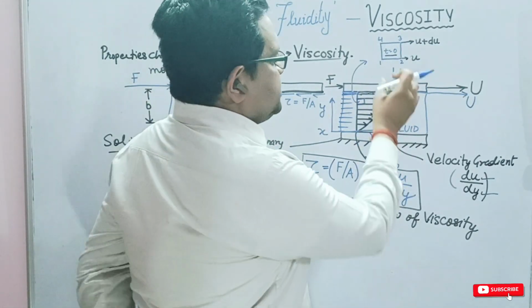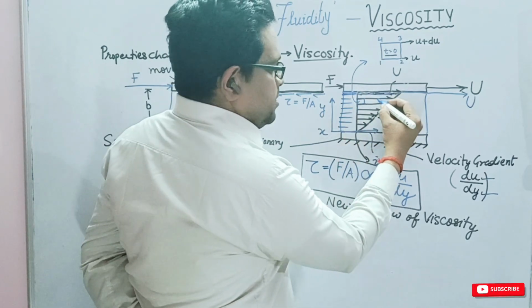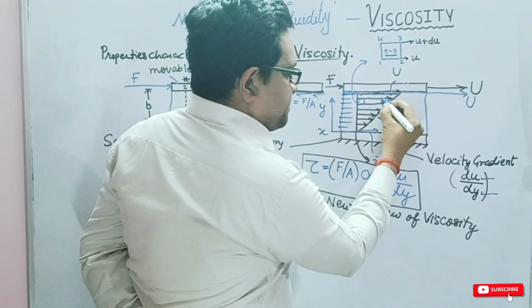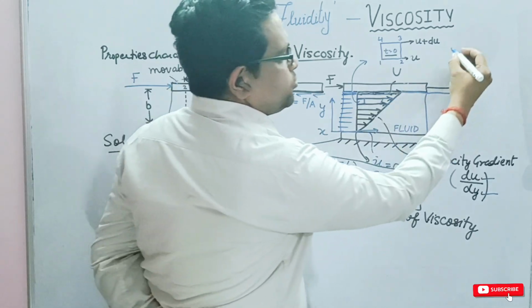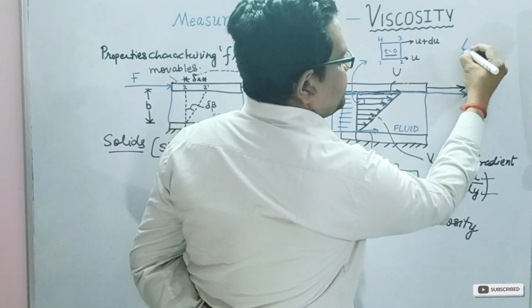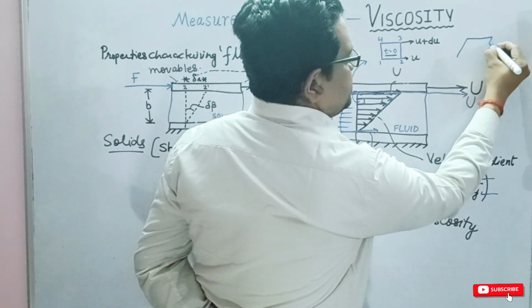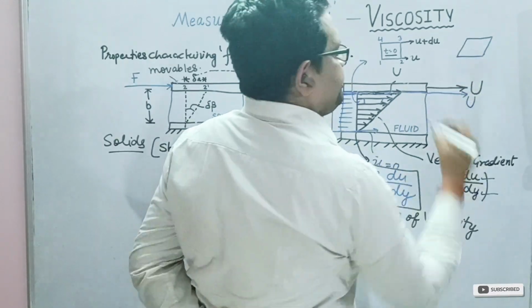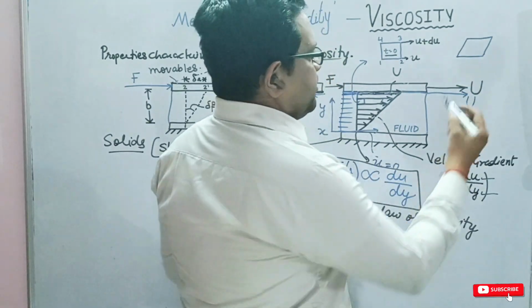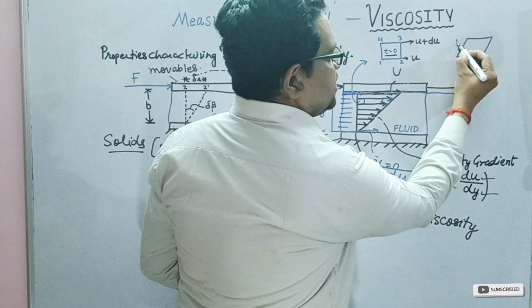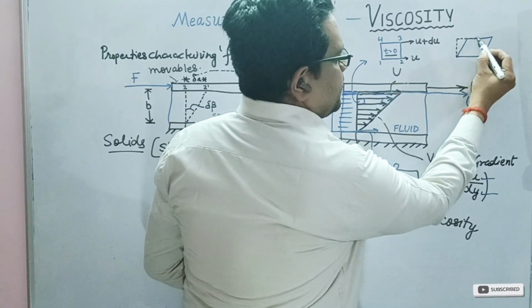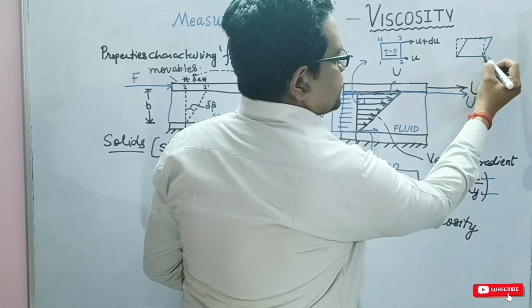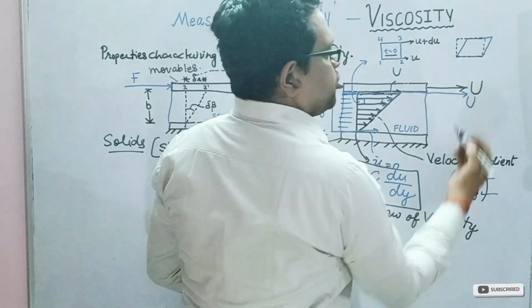After some time, this fluid element is going to deform, and now again let us try to draw it here. So we have this deformed fluid element. Here we'll try to superimpose the initial fluid element by the dotted lines.